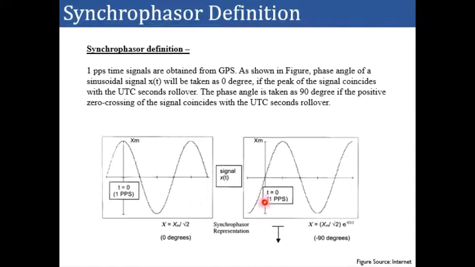When you compare both of them, you can say that this sinusoid is 90 degree out of phase with this sinusoid. In this way we get an idea of how this angle relation can be maintained between these two sinusoids.